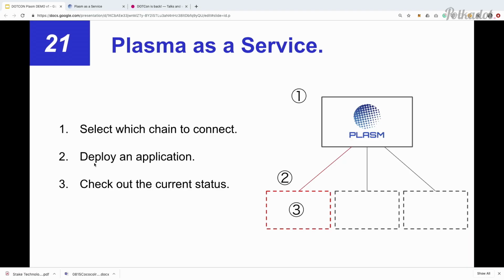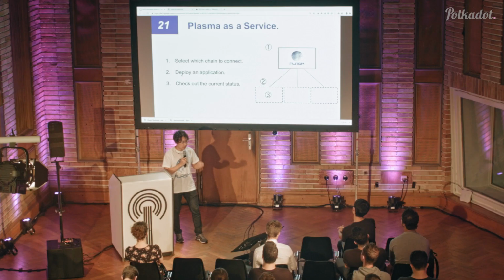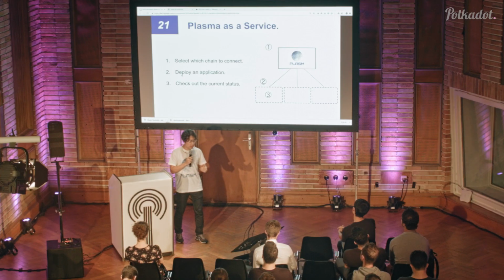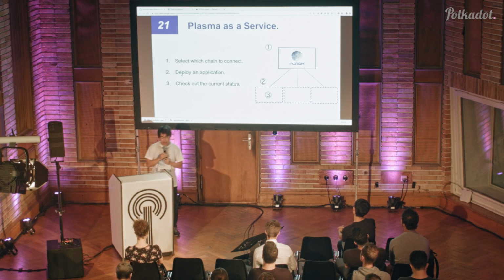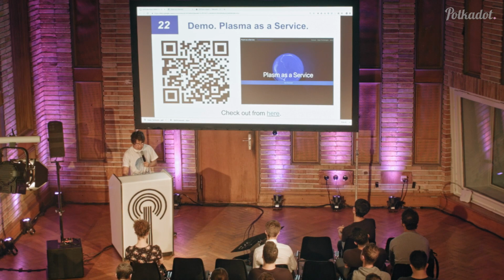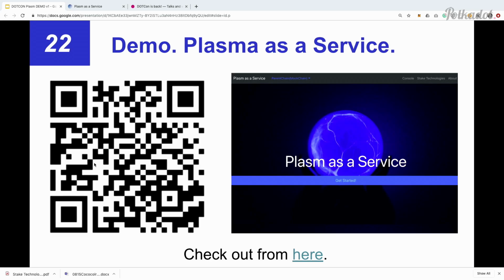So to deploy the child chain or Plasma application, we first need to select which chain to connect and deploy to. The second is to deploy the application. Lastly, check the current status. You can check our demo from here if you want.